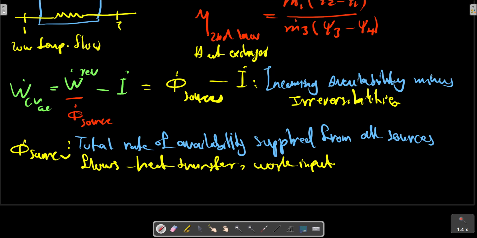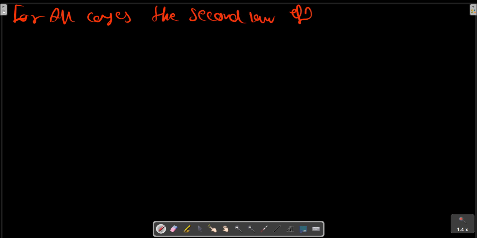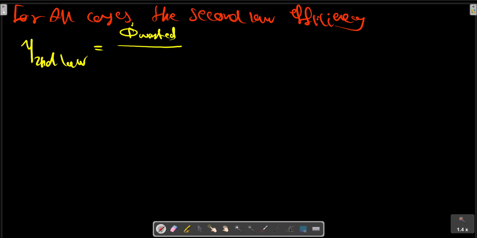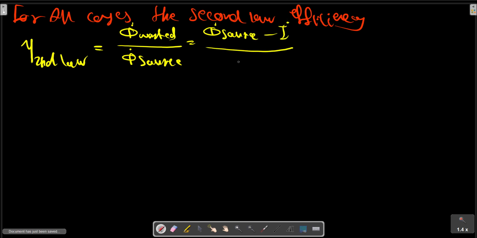Then for all cases we may write the second law efficiency as the wanted quantity over the availability source, or the availability source minus irreversibility over the availability source.